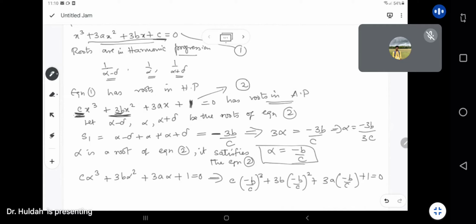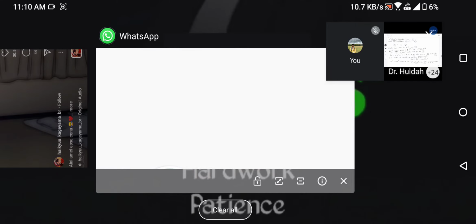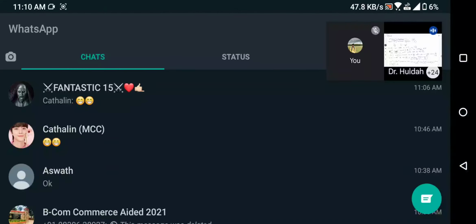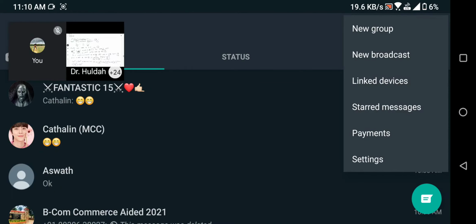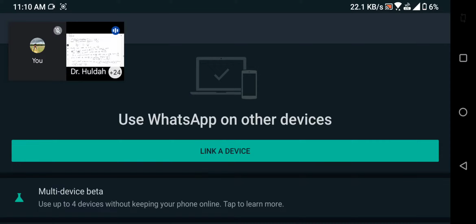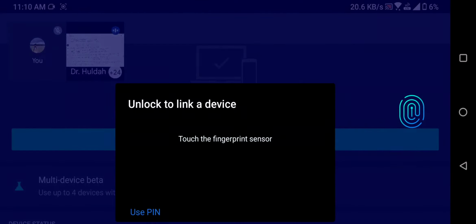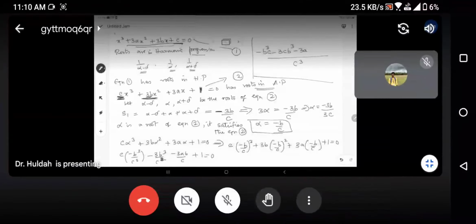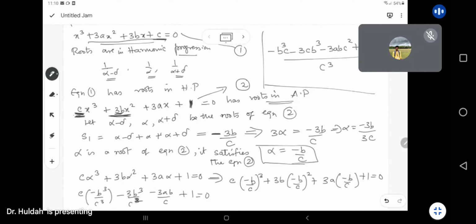We can simplify this and that gives you the condition. So c times minus b cube by c cube, plus 3b times b squared by c squared, minus 3ab c by c, plus 1 equal to 0. Taking LCM as c squared, I will get minus b cube plus 3 b cube minus 3abc squared plus c cube equal to 0, with everything over c squared.